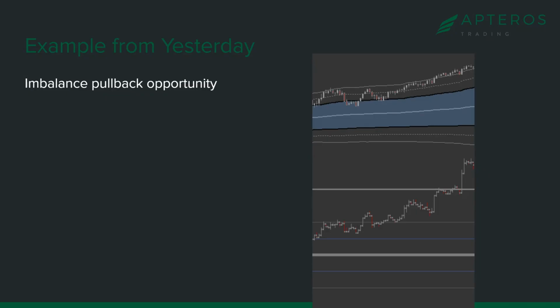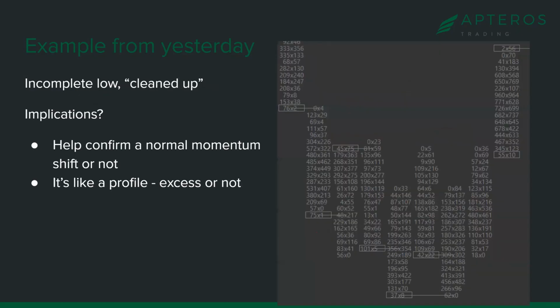Example from yesterday, imbalance pullback. Okay, so I'm guessing we're going to talk either about this sequence or this sequence. We were trading down, developing value area high was right here.